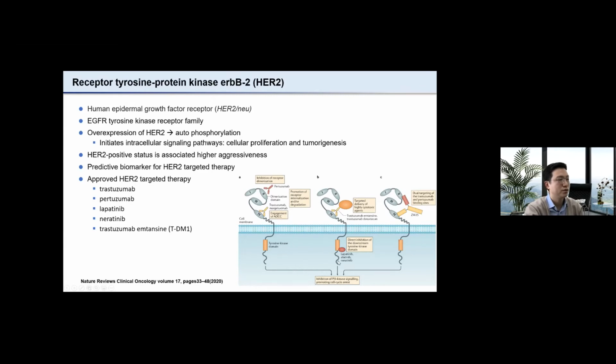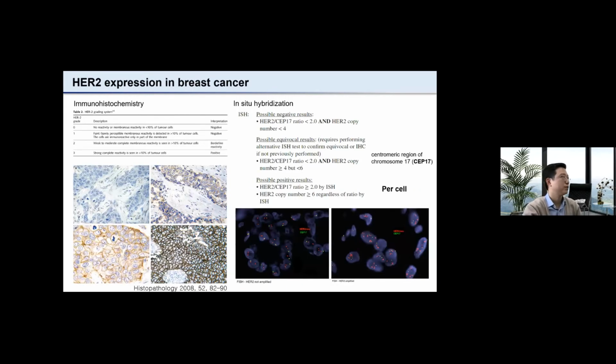And these two tyrosine kinase inhibitors bind to the intracellular domain. TDM1 binds to the same site as trastuzumab, but it has a cytotoxic drug load, so it is considered to have a higher efficacy and is used for HER2 positive breast cancer.